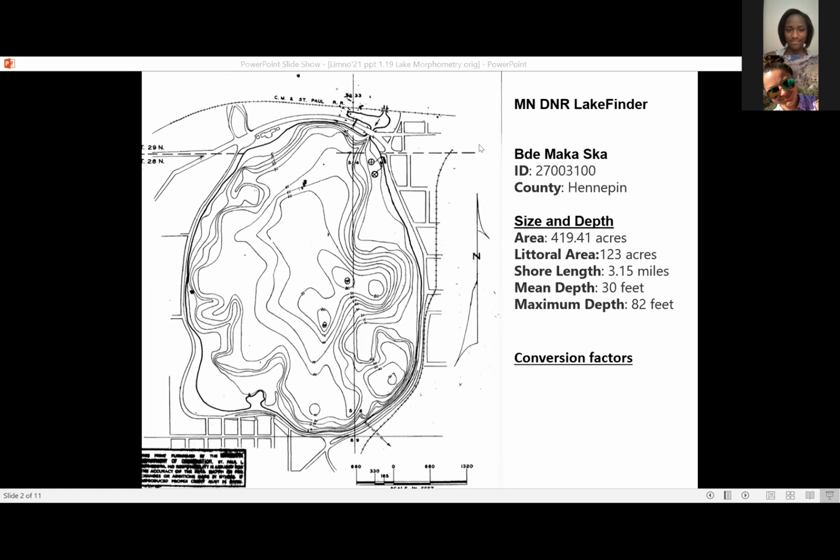For any lake you want in Minnesota that has a record in the DNR database, it's going to have a lake name, a lake ID number, and a county listed. This is a little bit duplicative or redundant. Hennepin County is county number 27. So this is county 27.